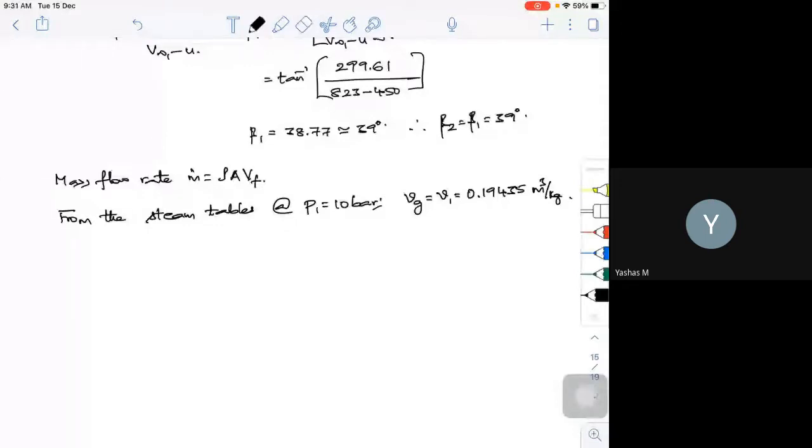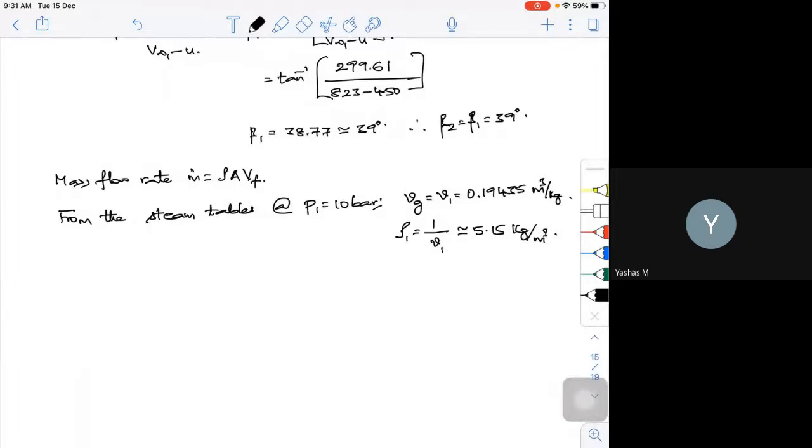Now how is the density calculated? Density at 1 is equal to 1 upon V1. I get roughly 5.15 kg per meter cube. This is the density of the steam.